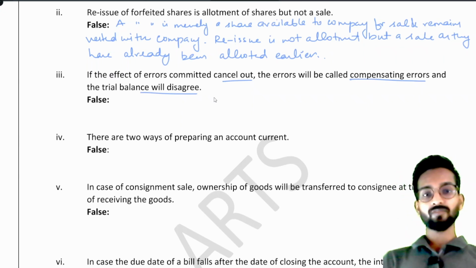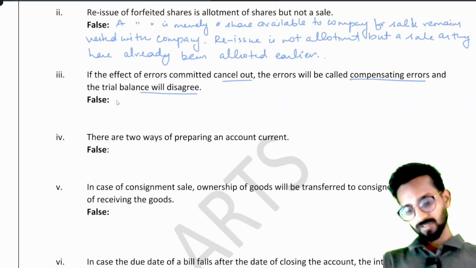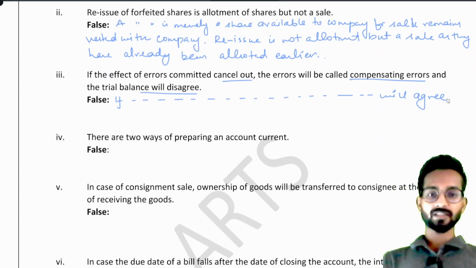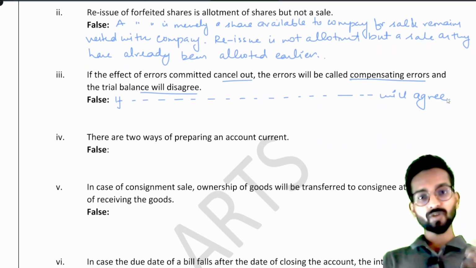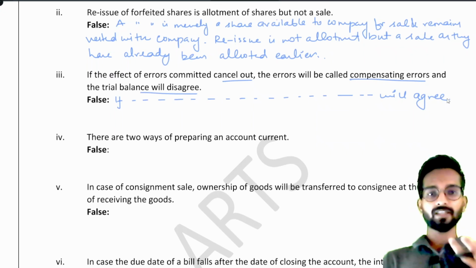That is the scenario with the trial balance, because the trial balance records only arithmetical accuracy. Understood? The statement is false because, if the effect of errors cancel out, the errors will be compensating errors and the trial balance will agree. This is the problem with the trial balance, which is why we give so much importance to rectification of errors. Because it can happen that we made a mistake, but because the trial balance is agreeing, we will never be able to find that mistake.